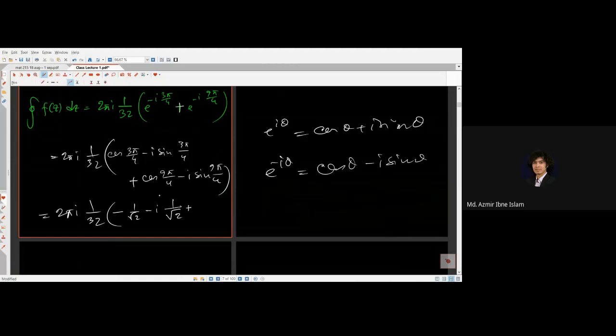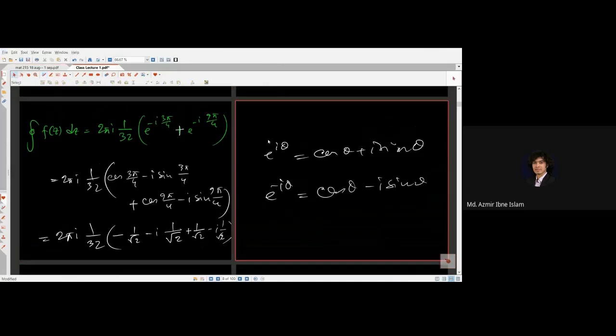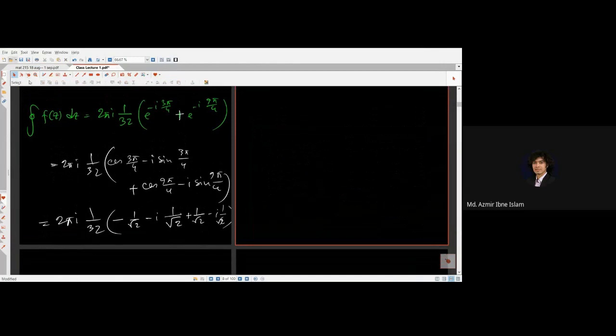Please do with me because maybe I am wrong. So cosine 9 pi by 4 will be plus 1 over root 2, and here negative I sine 9 pi by 4 will be negative I 1 over root 2. Okay, just verify whether my part is correct or not.